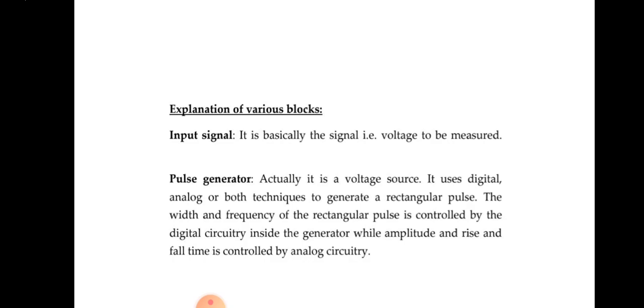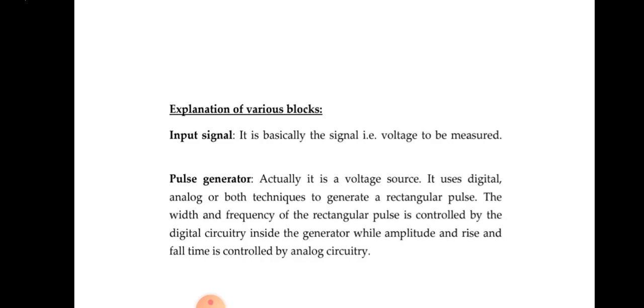The width and frequency of the rectangular pulse is controlled by the digital circuitry. Okay, so this same point we have explained in the previous slide also, that the pulse generator has two working blocks, analog and digital. So the width and frequency of the input signal is controlled by the digital circuitry inside the pulse generator, while the amplitude and rise and fall time is controlled by the analog circuitry.